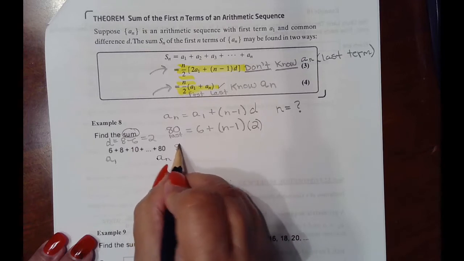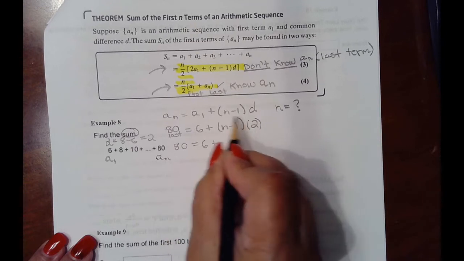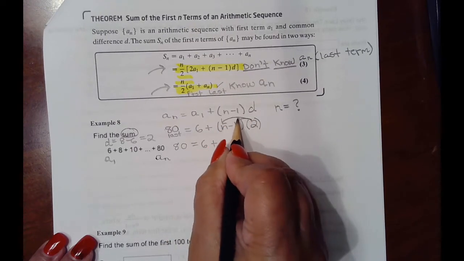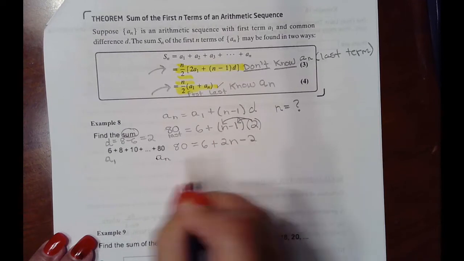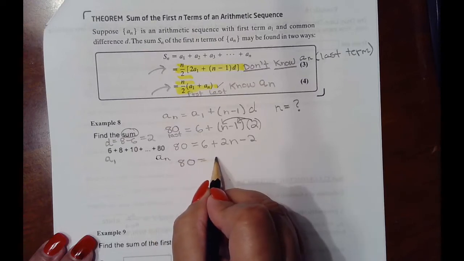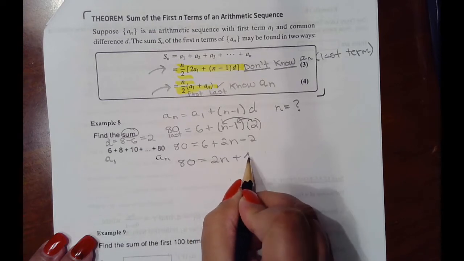All right, so 80 is equal to 6 plus 2 times (n minus 1). You're distributing this 2 from the back to both terms in the parentheses. So 2n minus 2. Keep going with that, and you have 80 is equal to 6 take away 2. That's 4. We have a 2n term, and we have a positive 4.